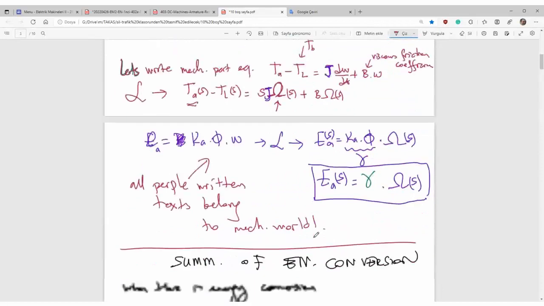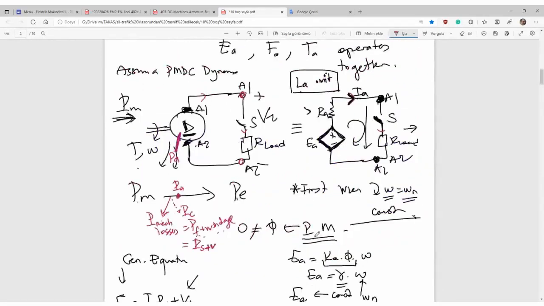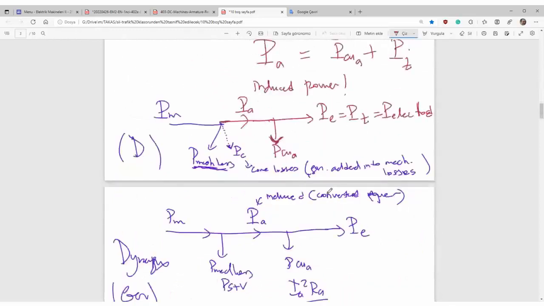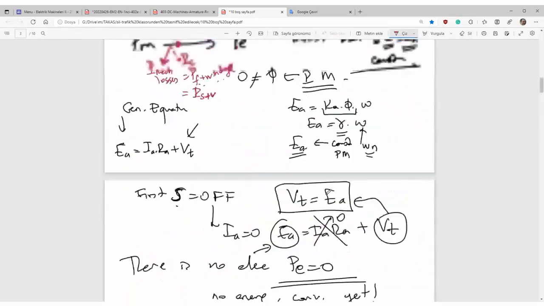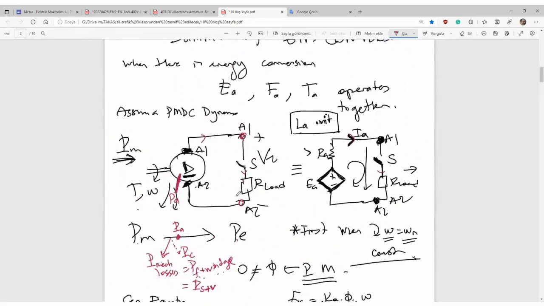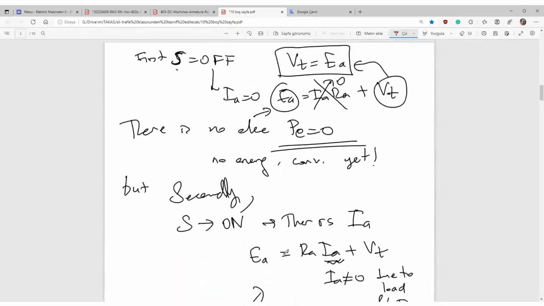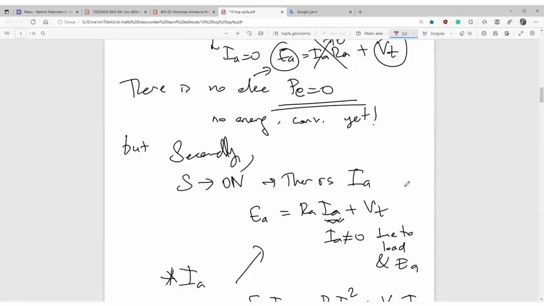And again, for easiness, I only used a permanent magnet DC dynamo or motor here, so the relations are a little bit easier. In case there is an electromagnet in the poles, the connection will cause some different equations. For example, let's say there's a field coil having a resistance of RF.